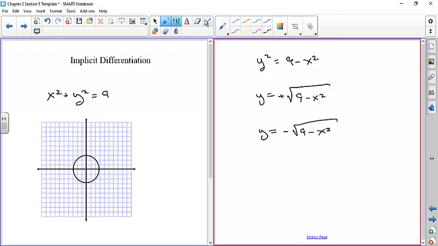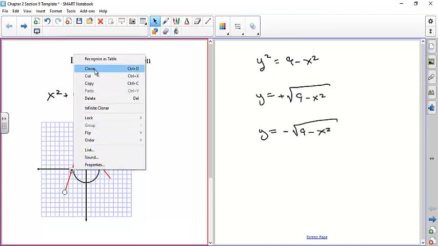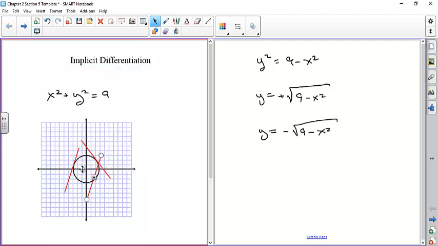But if I said, are there tangent lines to this curve? I'd say, yeah. Here's a line that's tangent to the curve here, and here's a line that's tangent to the curve there. This curve is tangent at this point, and it's also tangent over here, right across from it on the opposite side. So obviously, you can have tangent lines to the curve.